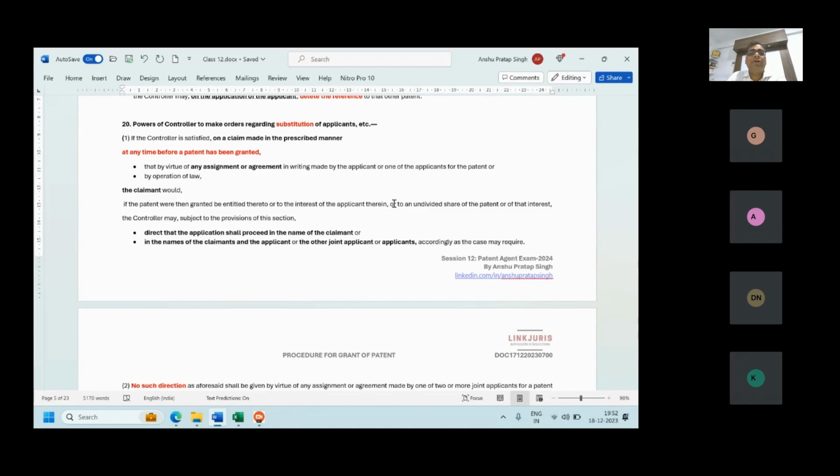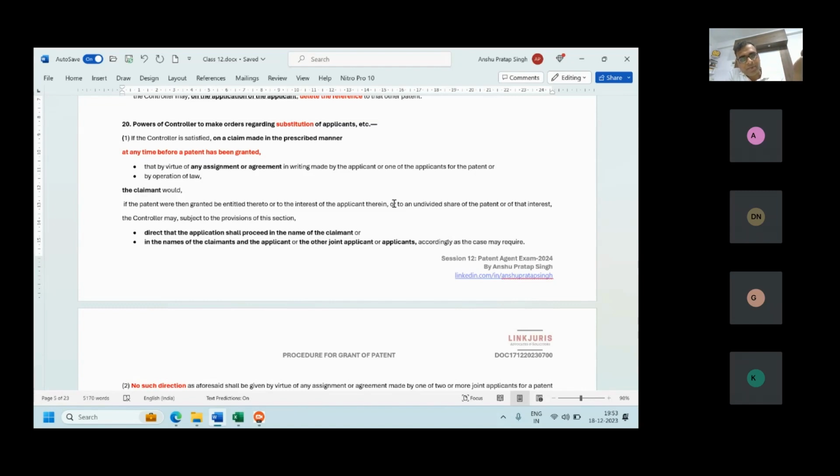Now, what I'm talking about here is substitution. Substitution means that someone else is getting replaced here. So this substitution is different from wrongful obtainment. Substitution under 20 talks about two things. That the earlier applicant also has a right, but as we have discussed earlier, there are three ways a right can be transferred.